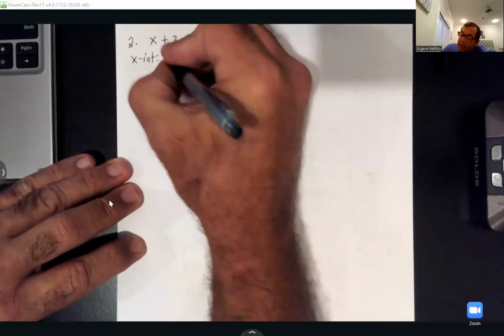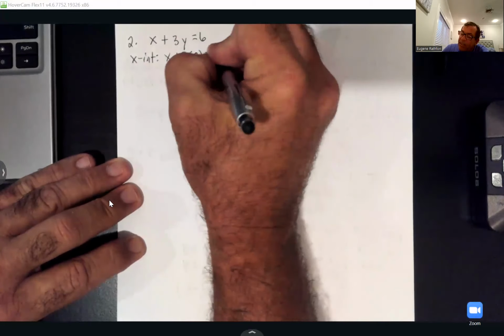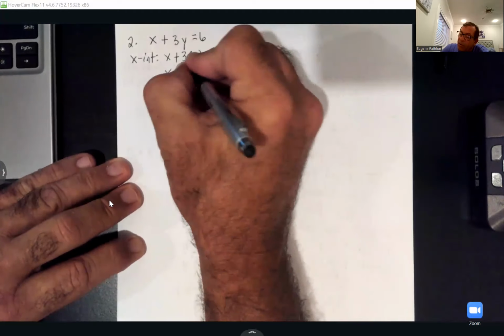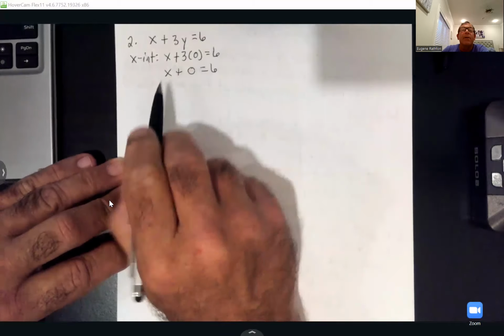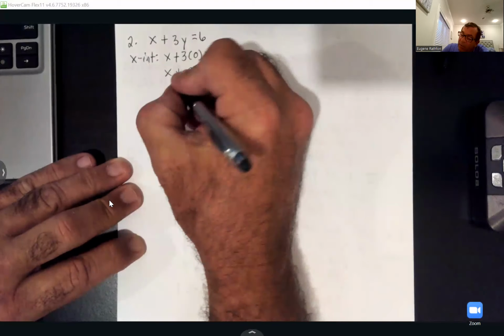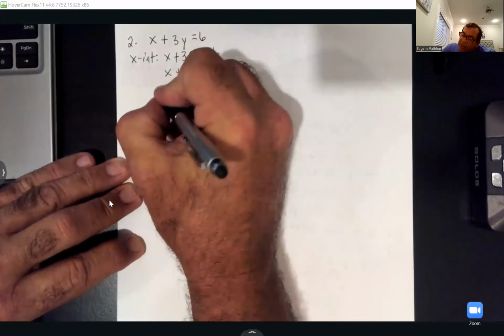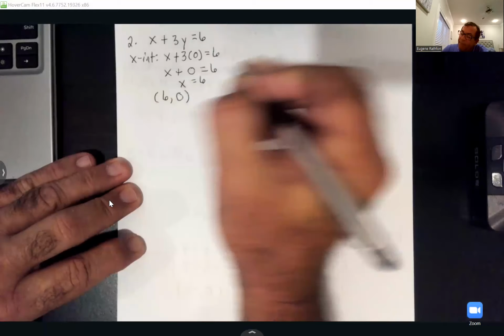So I get x plus 3 times 0 equals 6. All right, so bring down the x, plus 3 times 0 is 0. That's going to equal 6. And y'all, x plus 0 is x, so I get x equals 6. So my x-intercept would be 6, comma, 0 for the y.